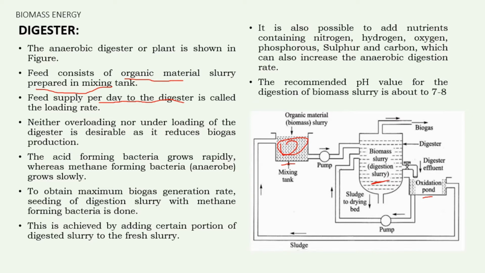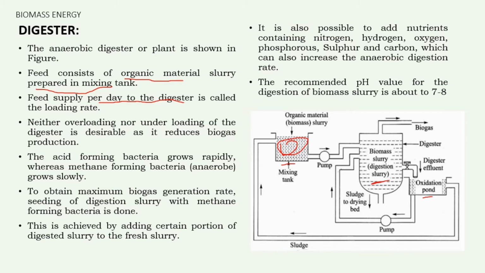There are two types of bacteria that work. One is acid forming bacteria, and the second is methane forming bacteria, which is anaerobic. Acid forming bacteria grow rapidly, whereas methane forming bacteria grow slowly.